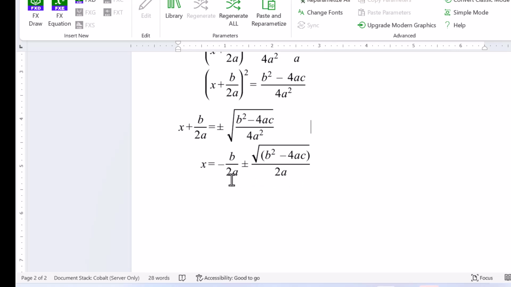So at this point, let's conclude our calculation. Now, the LCM of 2a and 2a, you can see that they are the same.